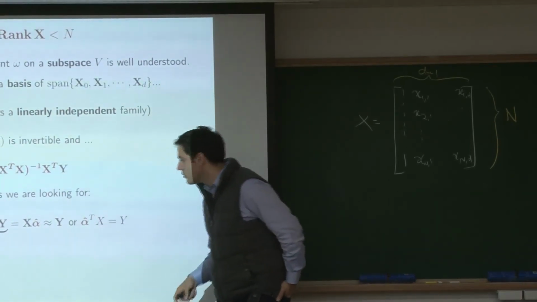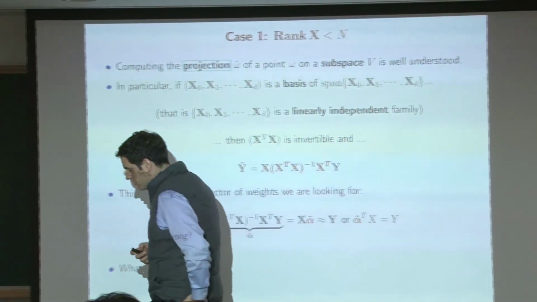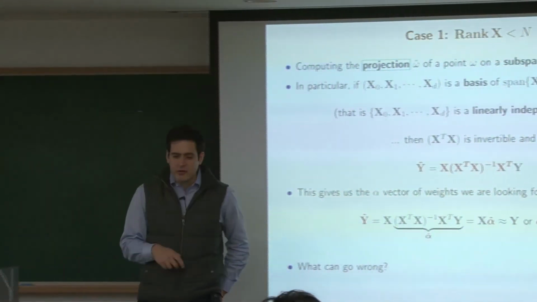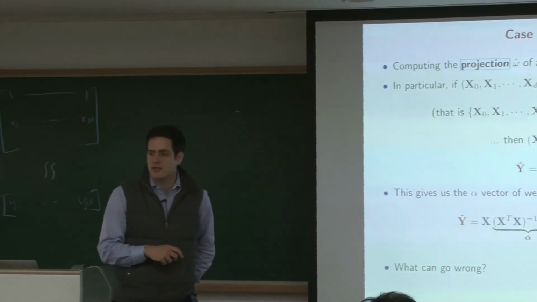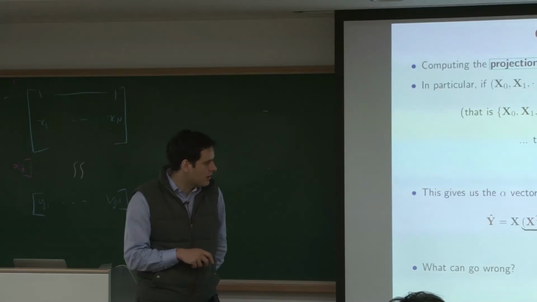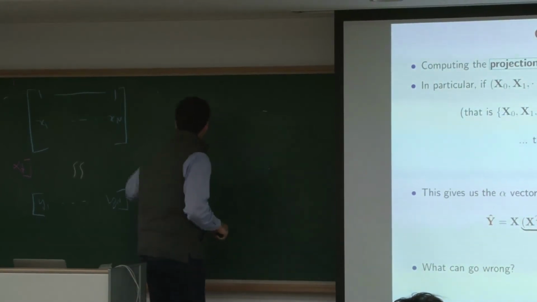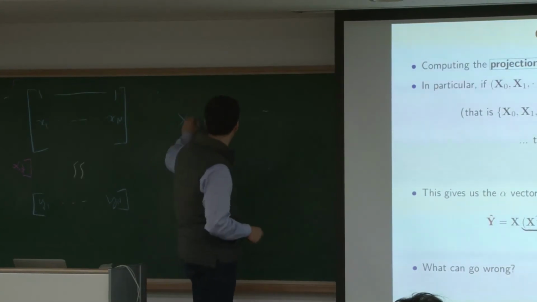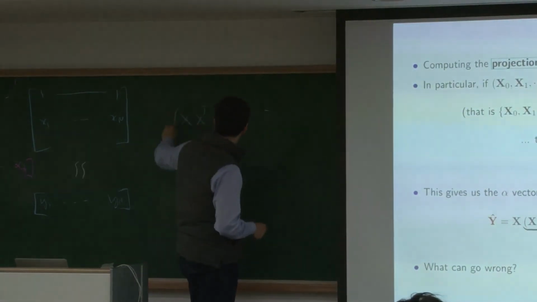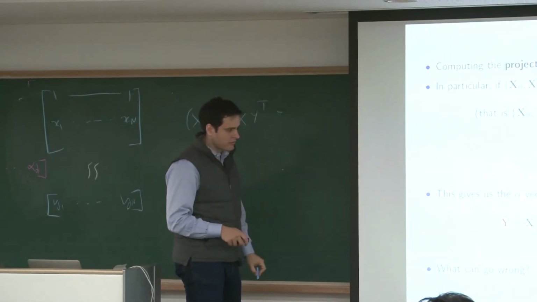Okay, so if you remember the first slides of the lecture, you will recognize instantly the matrix that we had before. So this is not a bold x, so it's just x transpose x inverse x transpose y. Okay.